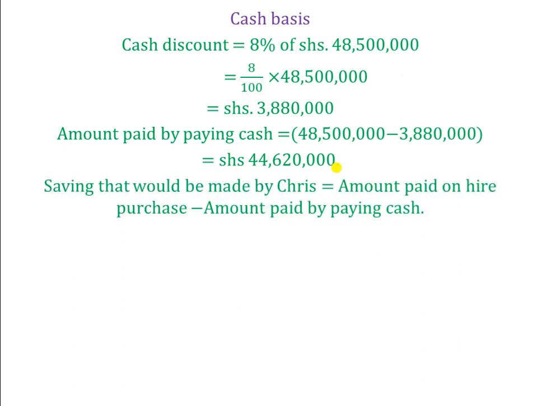Then, now what deduction can we make? Now let's look at the situation. Remember, the amount we found out for hire purchase was something like 51 millions 100,000. And in this case, the amount we have is shillings 44 millions 620,000. So it means if Chris paid cash, he would actually save a difference of this amount.